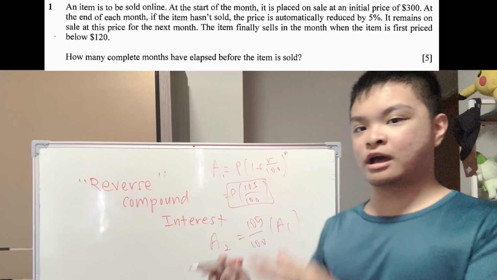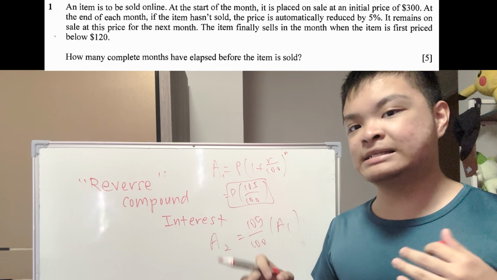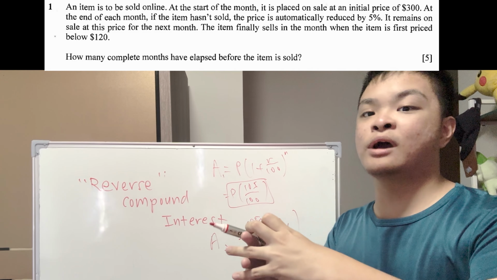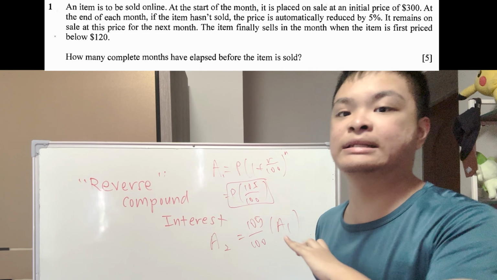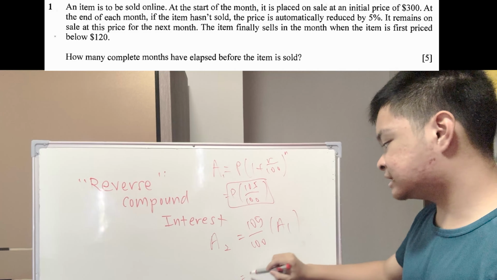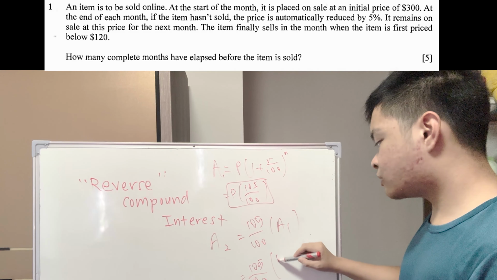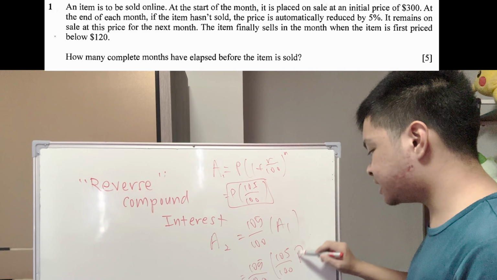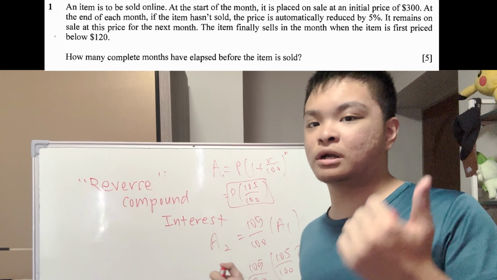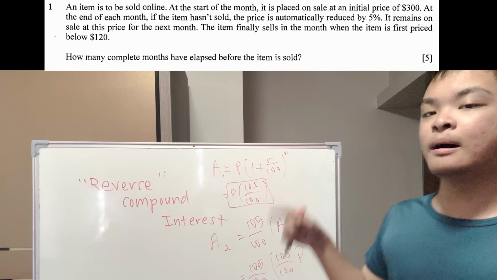Because in compound interest, the amount you will receive depends on the amount you have at that present moment. It doesn't care how much interest has been deposited already. So this is the same thing as 105 over 100 times 105 over 100 P. Because of this, the 105 over 100 gets squared. That is why we have the power.